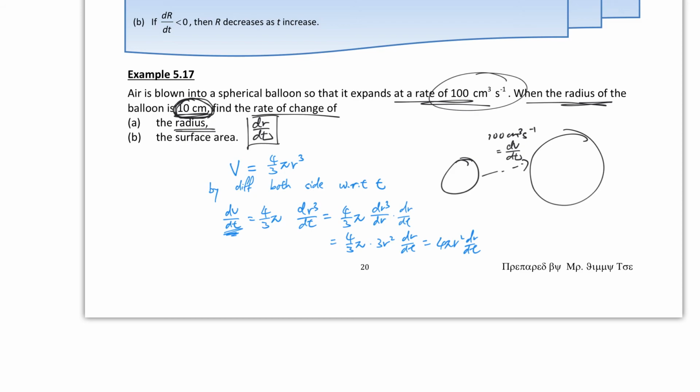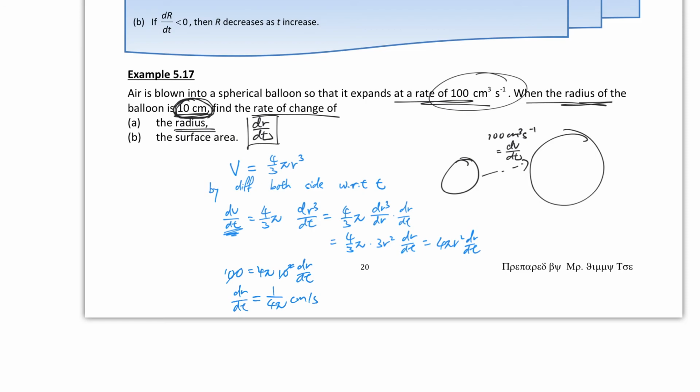So dv over dt is equal to 100, which is equal to 4 pi times 10 squared dr over dt. So you can simplify it. dr over dt is equal to 1 over 4 pi cm per second.